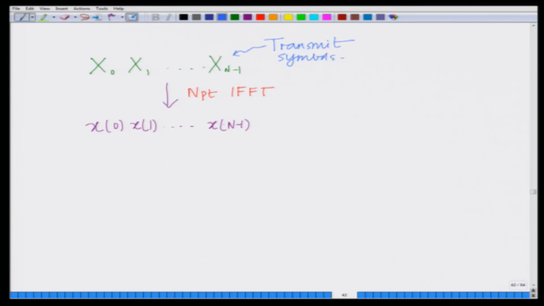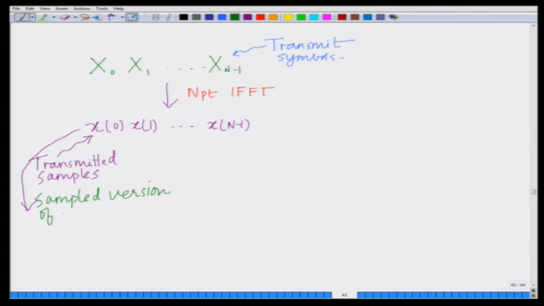The small x0, small x1 up to small x N minus 1 are the transmitted samples over the channel, the actual samples transmitted, or the sampled version of the multi-carrier modulated signal. Now, these I can transmit over the channel.